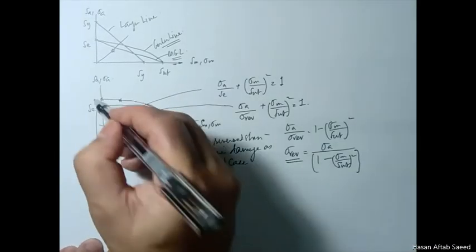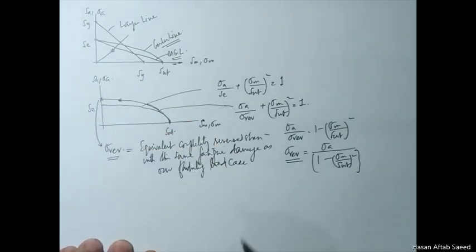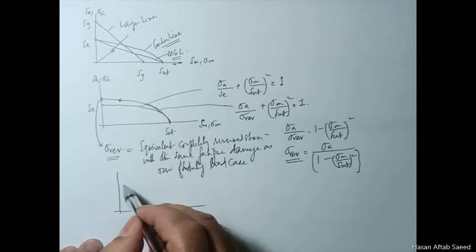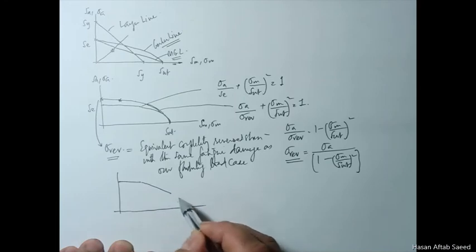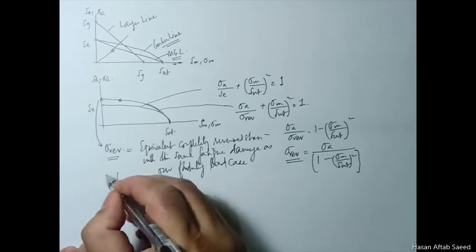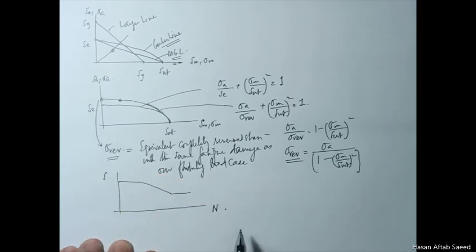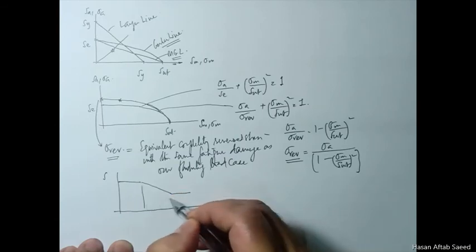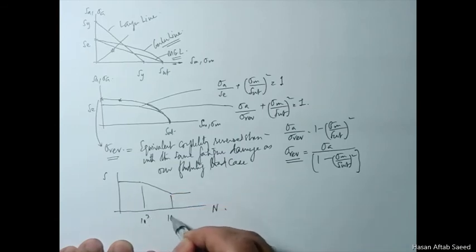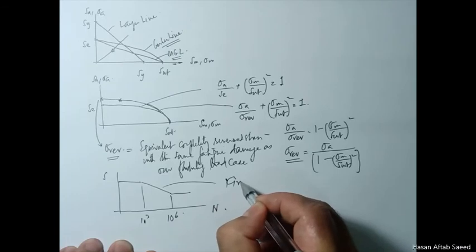This is how we find this value. Once you have this value, again, just to repeat the point we had discussed last time, this is your SN diagram. You have to revert to your SN diagram because we need to find out the number of cycles. This region from 10 raised to power 3 to 10 raised to power 6, this is the finite life region.